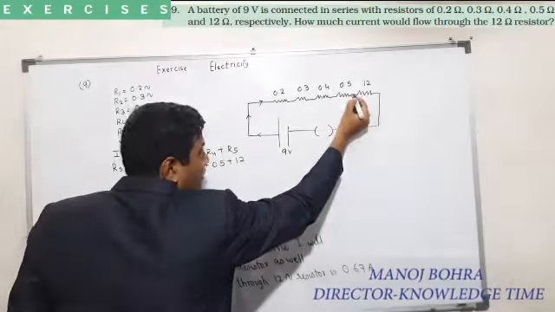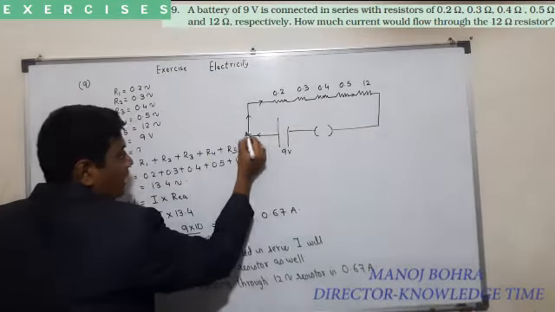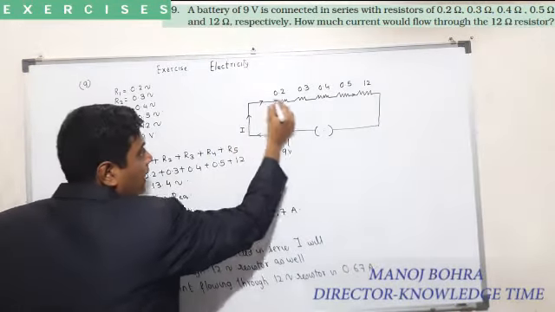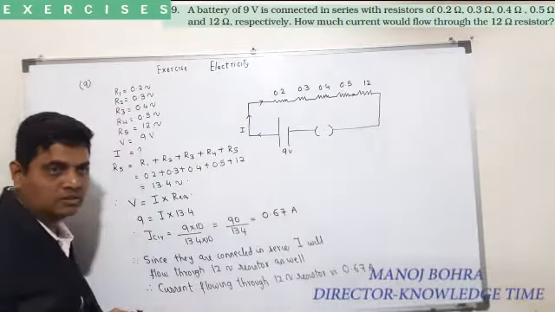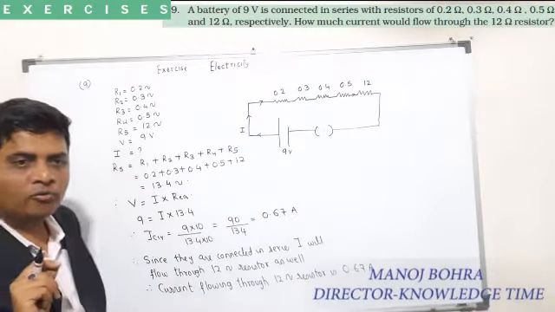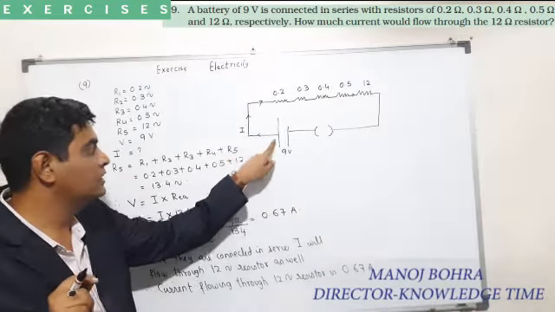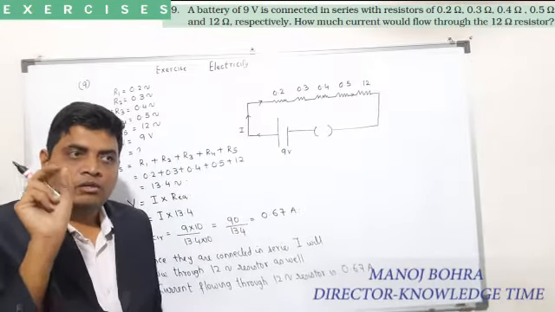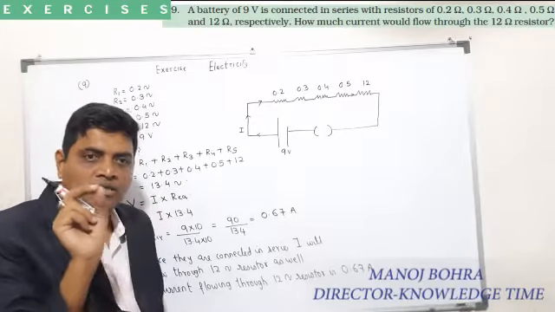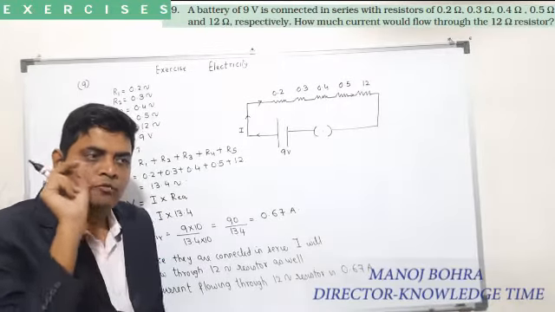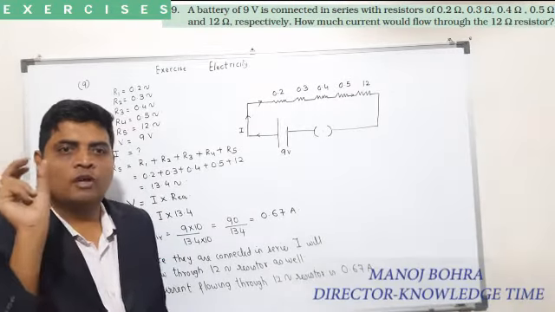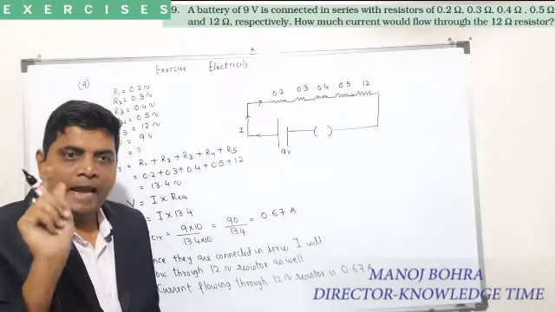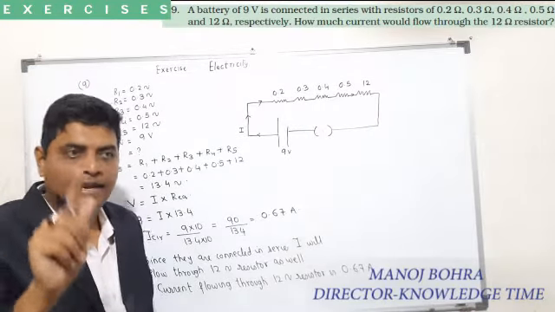Okay, so whatever current comes out of the battery, that will flow into the 12 ohm resistor. So indirectly you have to find the current which is coming out of the battery. Now what is the method we have understood? The current coming out of the battery is the current of the circuit, and to find that current you have to use the voltage of the battery and R equivalent.